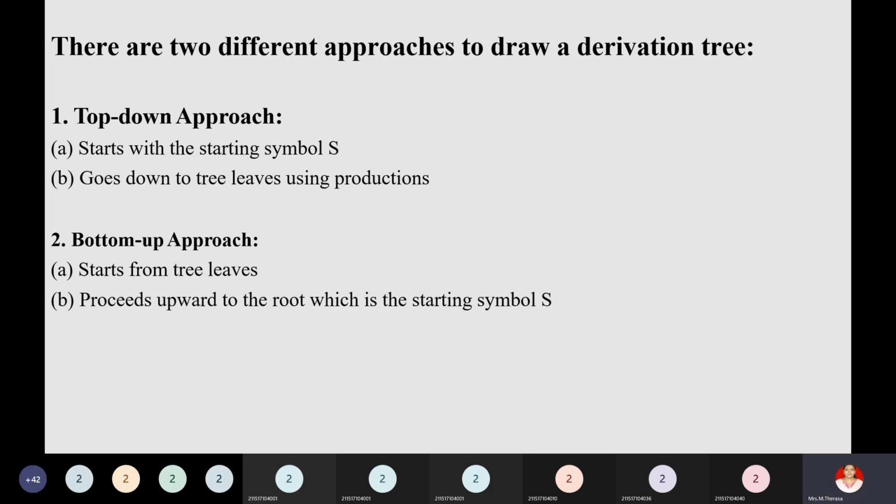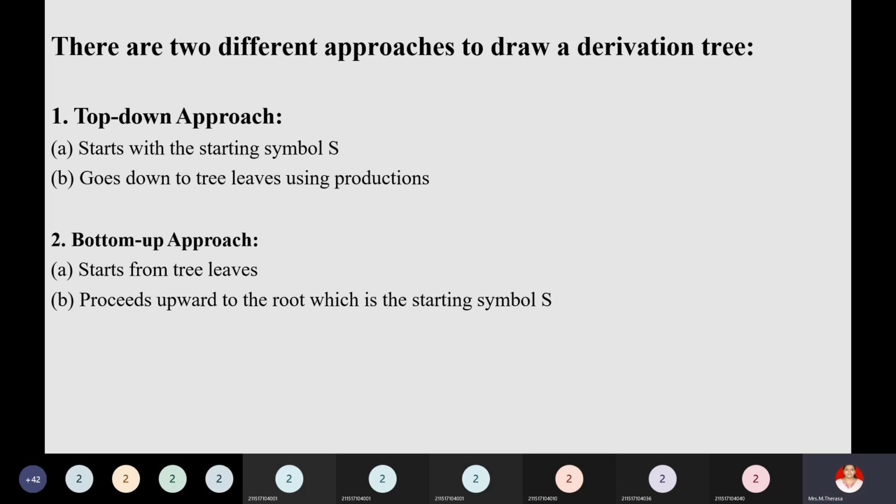And we have another approach, which is the bottom-up approach. It starts from the tree leaves, the strings, and we can combine some set of strings and replace them by a non-terminal, and end the tree with the start symbol. So it proceeds upwards to the root, which is the start symbol. So there are two approaches to draw the derivation tree.